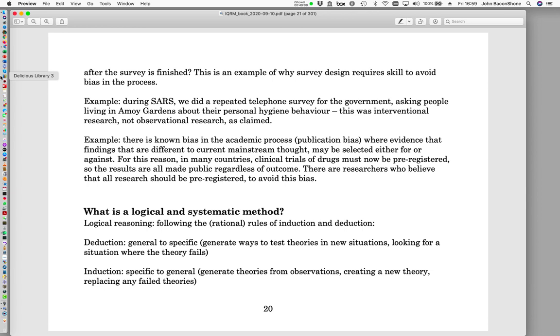So clinical trials for vaccines or drugs now have to be pre-registered in most countries. Pre-registered means I have to record with the government that I'm starting to do this study. Why?